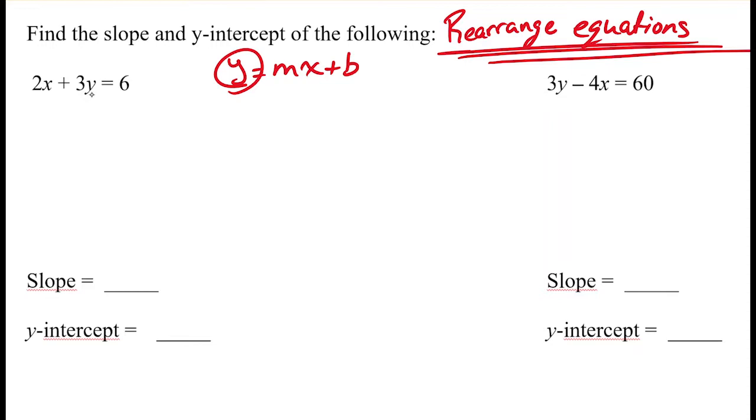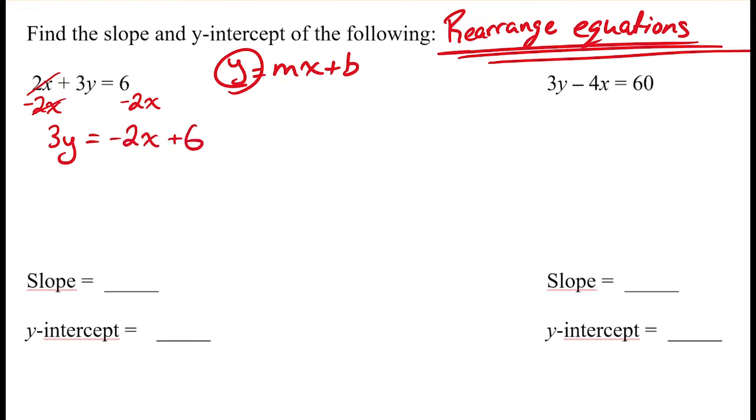Well, if I want to get y by itself, I want to move the 2x term over to the other side. So I'll subtract 2x from both sides. So I'm left with 3y equals -2x plus 6.